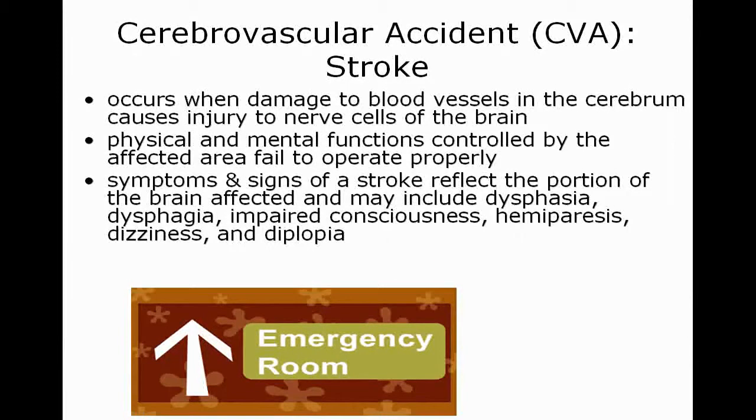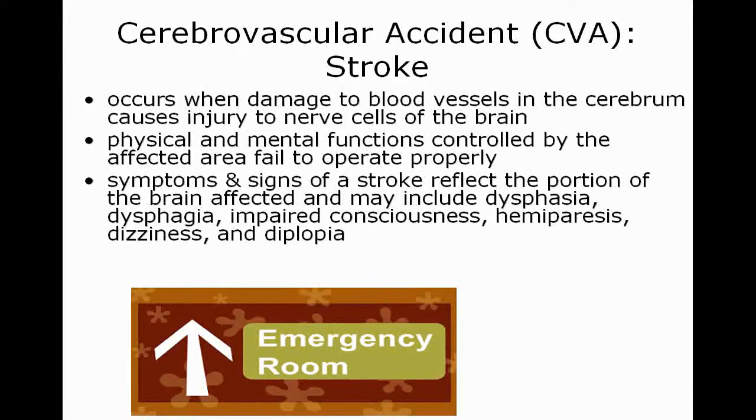Like dysphasia, having difficulty speaking, or dysphagia, having difficulty swallowing, impaired consciousness, the hemiparesis, paralysis on one side, dizziness, double vision, the diplopia. There's a variety of signs and symptoms of having a stroke. And again, it's all about the area of the brain that is affected.